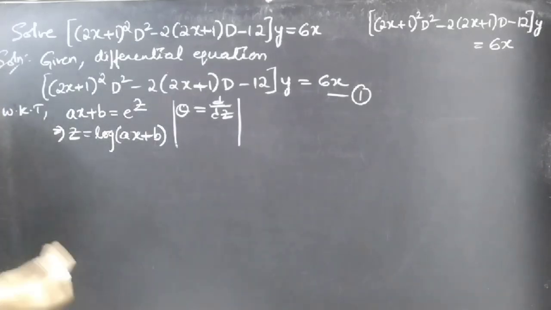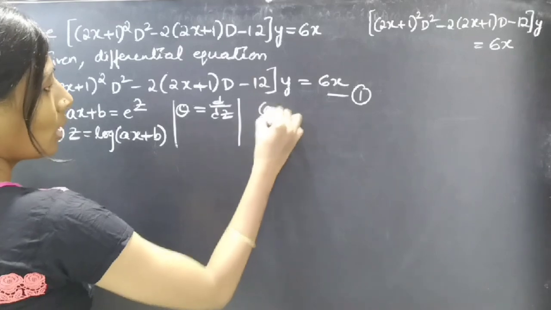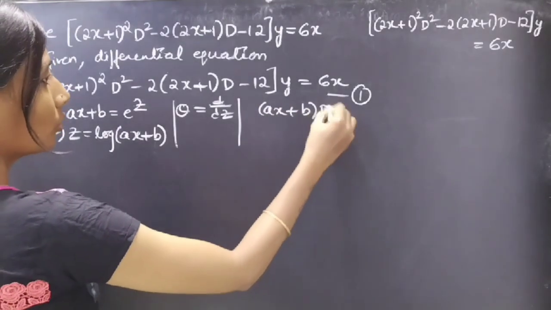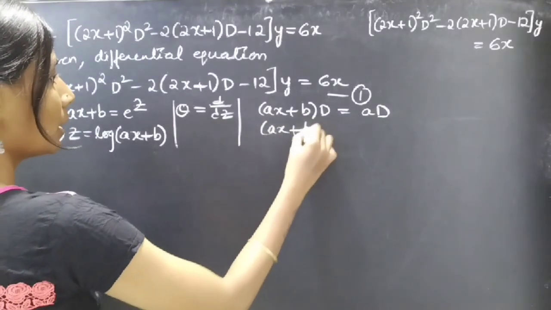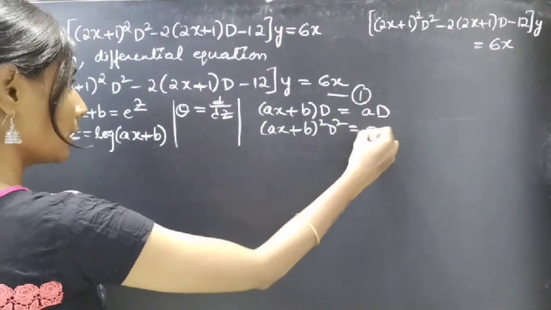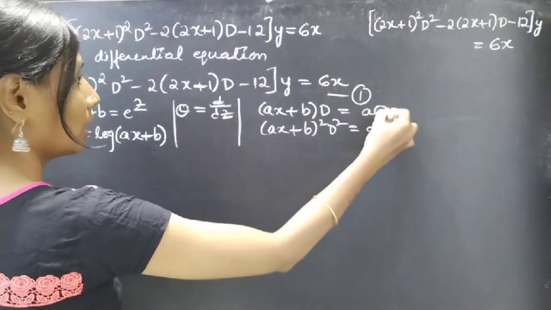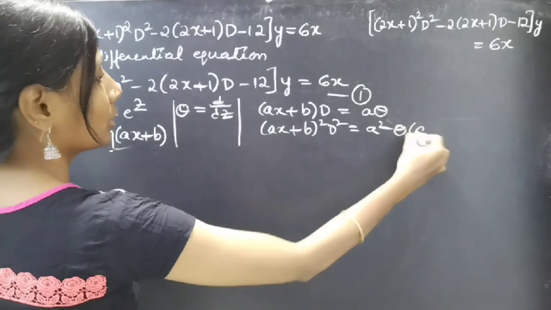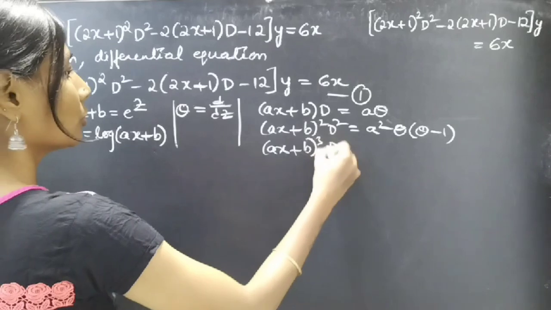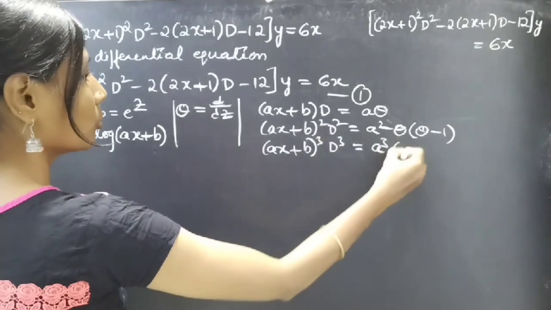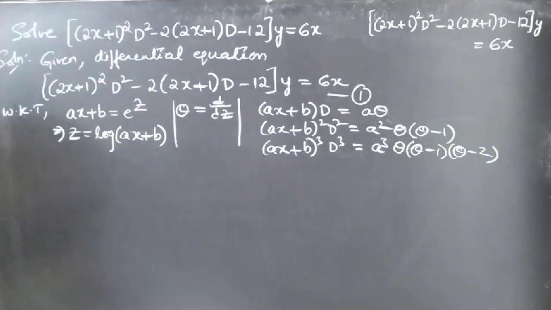We'll get (ax+b) into d can be written as a into theta, and (ax+b) whole square into d square can be replaced by a square into theta (theta minus 1), and also (ax+b) whole cube into d cube can be replaced by a cube into theta (theta minus 1)(theta minus 2), right?